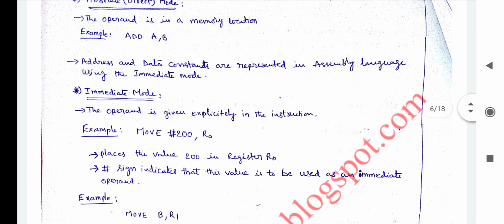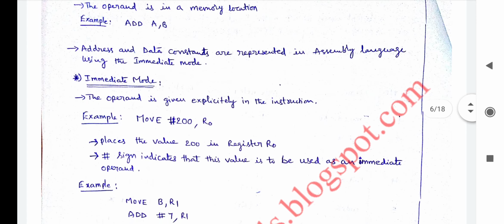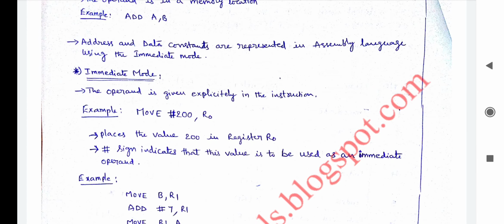Addresses and data contents are represented in assembly language using the immediate mode. Next, immediate mode. The operand is given explicitly in the instruction; that is called immediate addressing mode. Here, for example, move hash 200 comma R0, which places the value 200 in register R0.